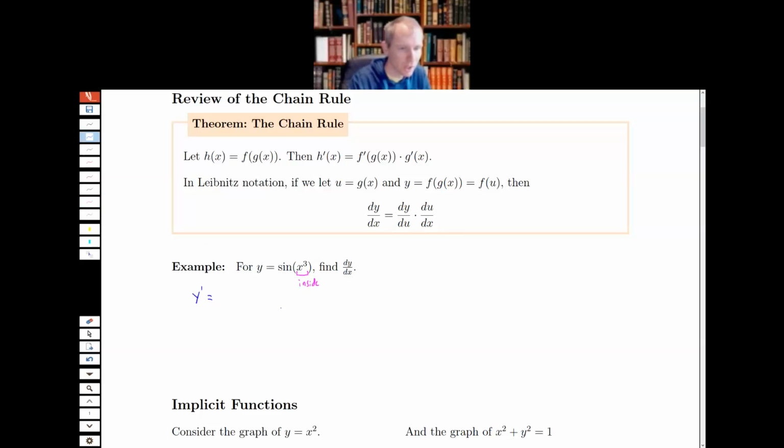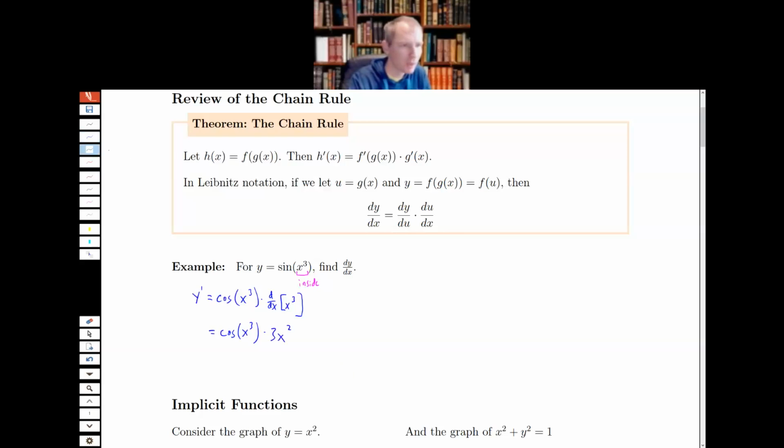The derivative of sine of stuff is cosine of stuff. The chain rule says plug in the inside function, so it's cosine of x cubed times the derivative of x cubed. And the derivative of x cubed is 3x squared. So we have cosine of x cubed times 3x squared.